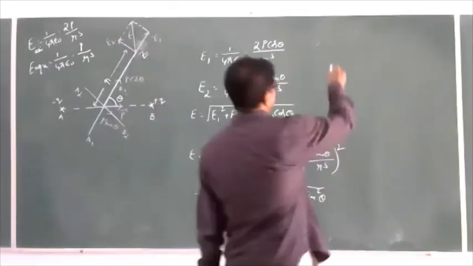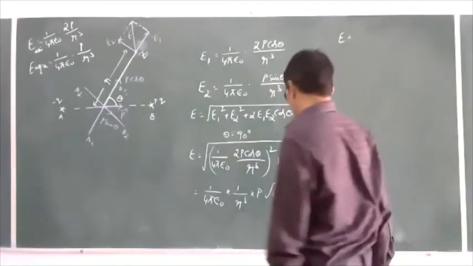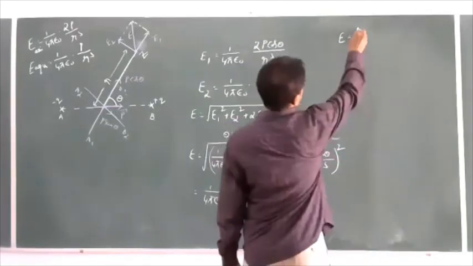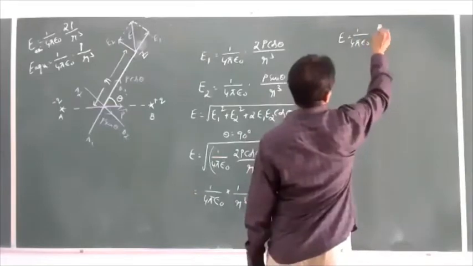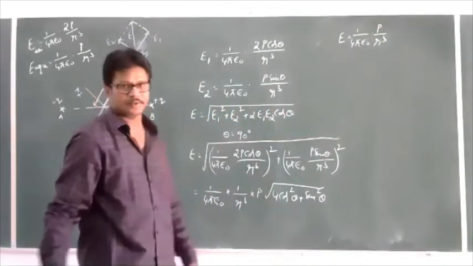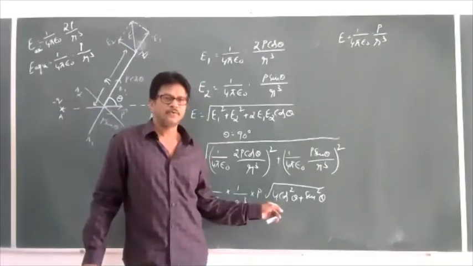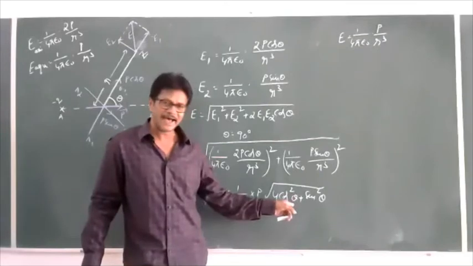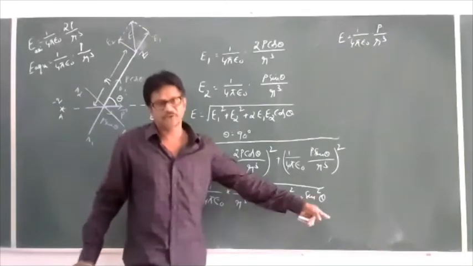Now from here, E is equal to 1 by 4 pi epsilon naught, p by r cube. Here I will write 4 cos square theta as 3 cos square theta plus cos square theta.